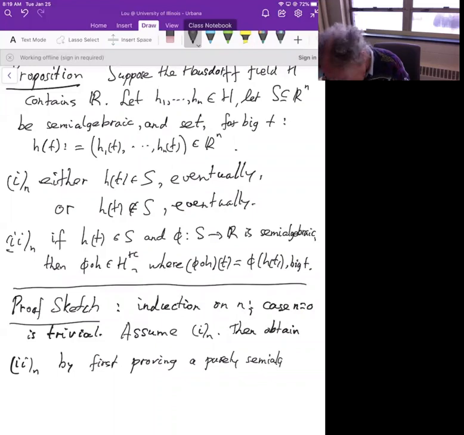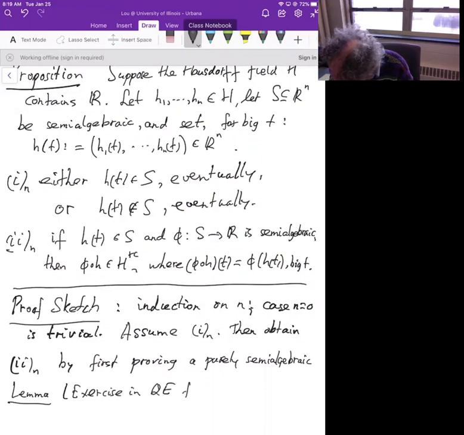So this is sort of the model theory component of my lecture. And it's the following lemma. So let me say exercise in QE, quantifier elimination, for my notation for the field of real numbers, RL, because Tarski's theorem is that this has quantifier elimination.